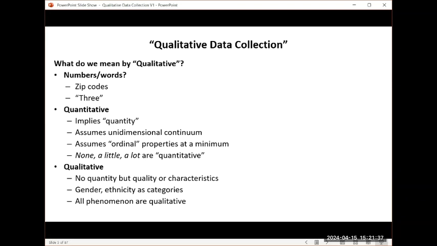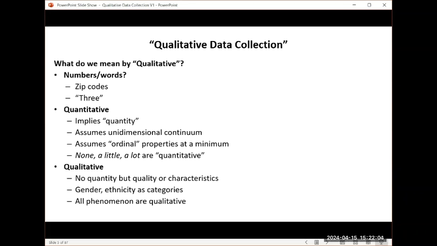Gender and ethnicity are simply categories. They're qualitative or nominal categories. The second thing I want to point out is that everything we study, from the very beginning, is by definition qualitative. The phenomenon of interest is qualitative, and the quantitative components are just subcomponents or subparts.